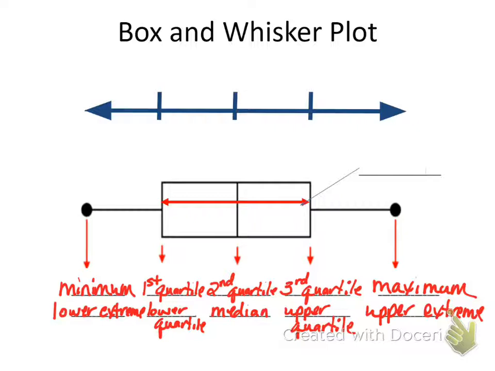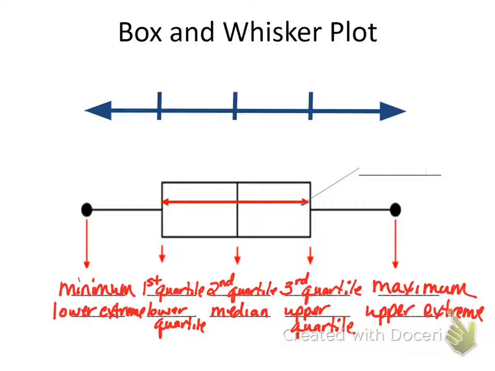There are a couple more things that we're going to talk about. We're going to talk about what this represents inside of the box. So inside of the box, between the first quartile and the third quartile, or the lower quartile and the upper quartile, is what we call the IQR.